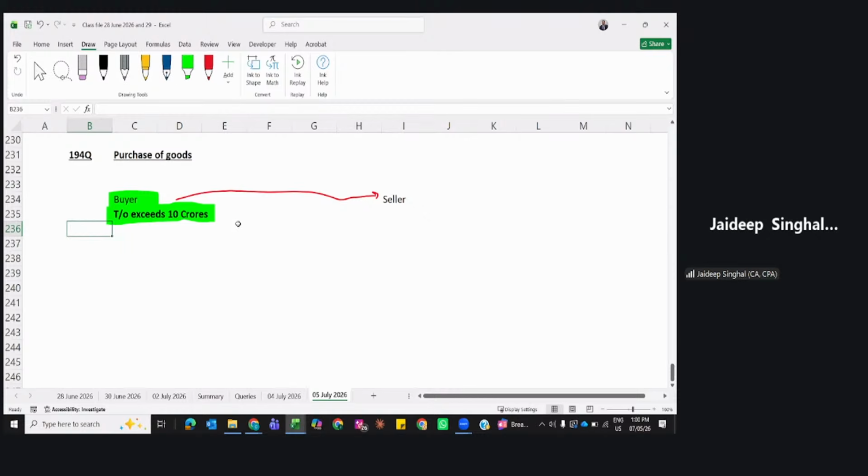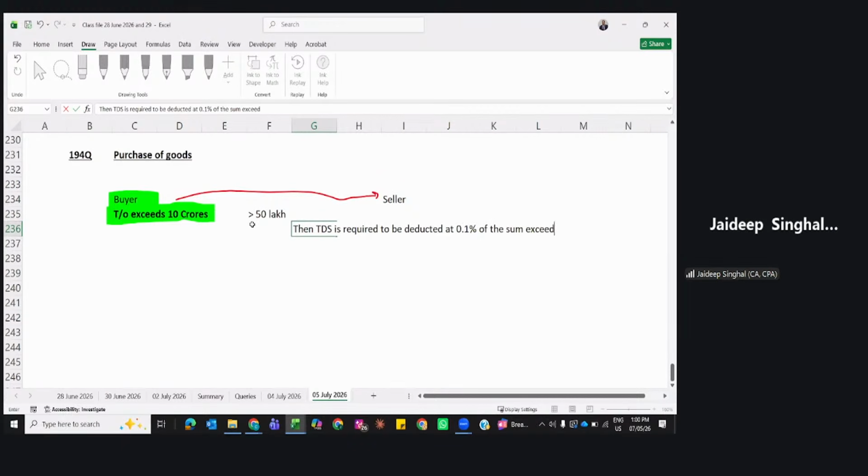Here the 1 crore criteria is not there. If there is a purchase of greater than 50 lakhs, then TDS is required to be deducted at 0.1% of the sum exceeding 50 lakhs.